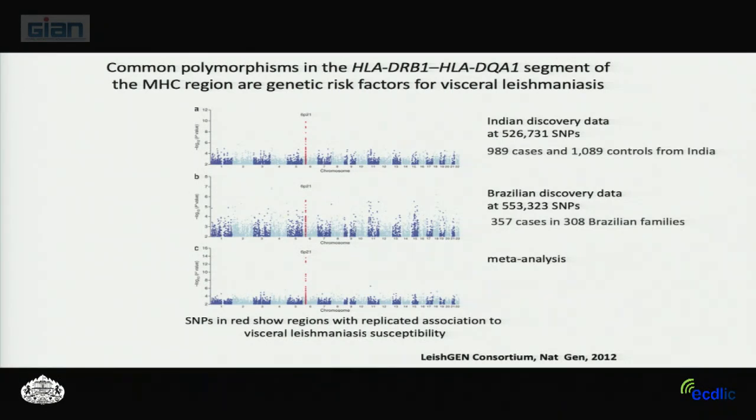So this is an immune response locus, and it really is quite an impressive and strong association that suggests that there is a genetically encoded immune basis to susceptibility, that at least in part, the genetics is a risk factor for who develops disease and who doesn't.